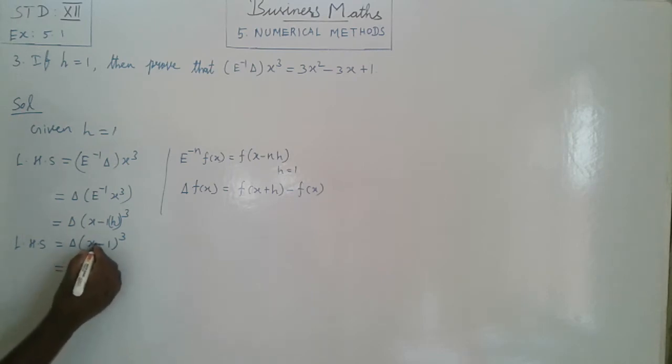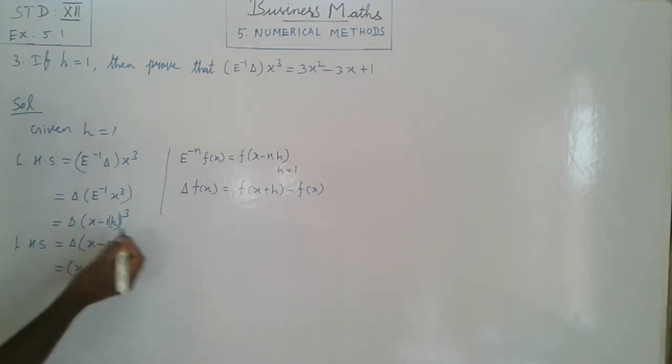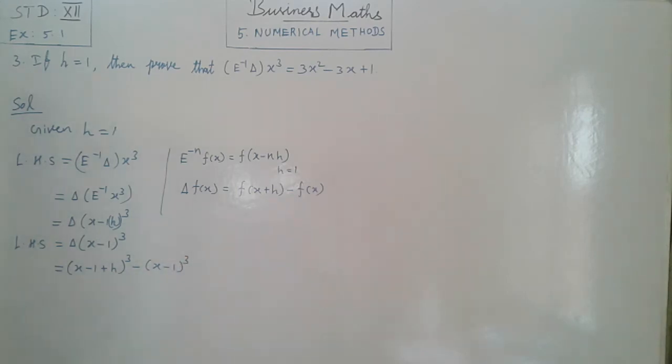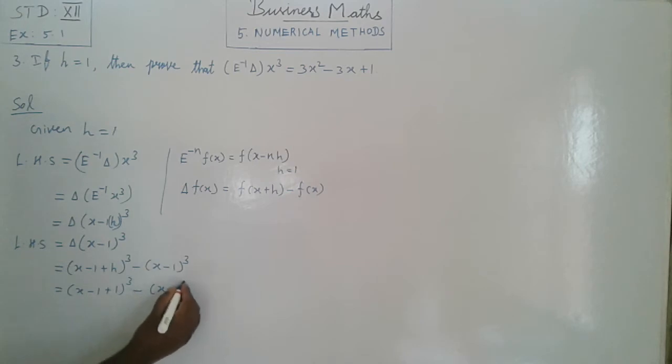F of x is x minus 1, so x minus 1 plus h whole cube minus f of x. F of x means x minus 1 whole cube. So we should substitute h value, which is 1: x minus 1 plus 1 whole cube minus x minus 1 whole cube.